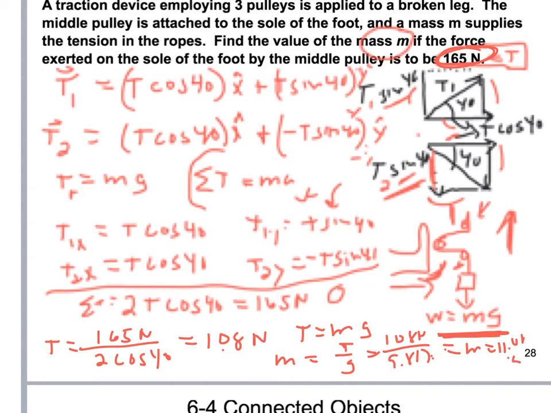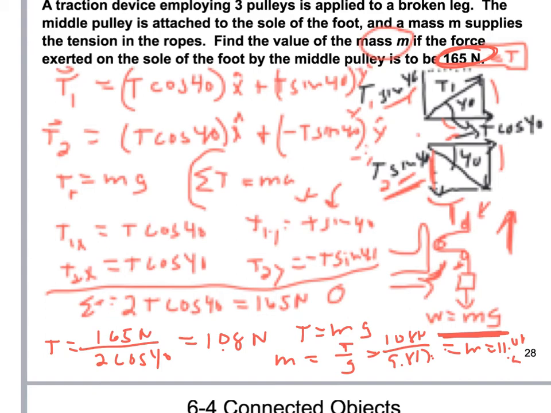So the force on the sole of the foot is 165, but the tension required in the overall cabling system to give you 165 newtons of force has to be 108. So what'll give us that 108, and consequently the 165, is a mass equal to 11 kilograms.